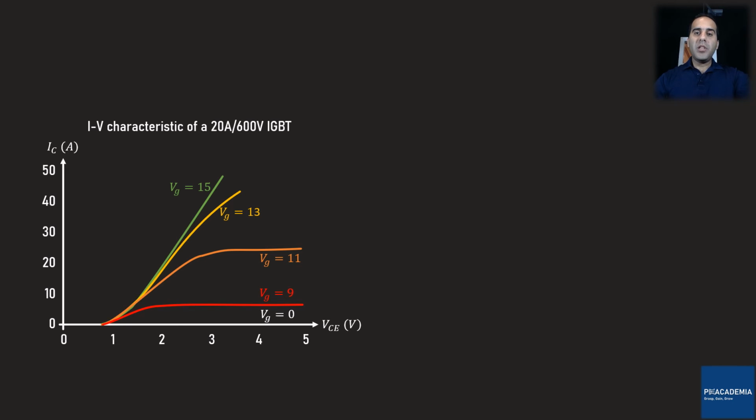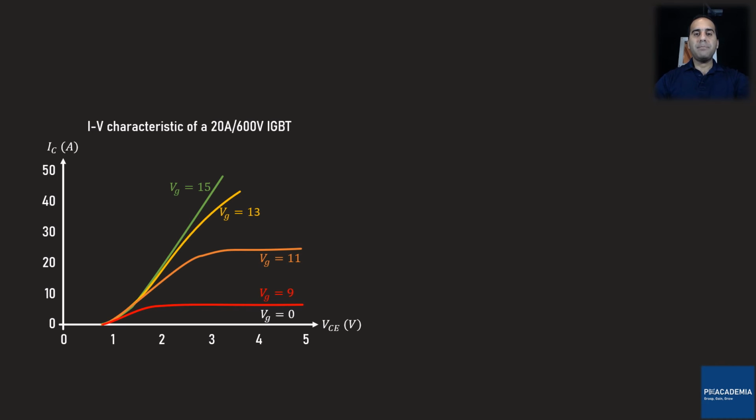For small gate voltages such as 9 volts or 11 volts, the IGBT gets saturated soon at a certain collector current. However, by providing the IGBT gate with a proper large voltage such as 15 volts, the device turns on fully and the current saturation happens at a much larger current, which we cannot even see in this graph.